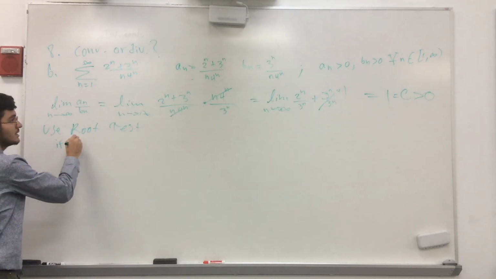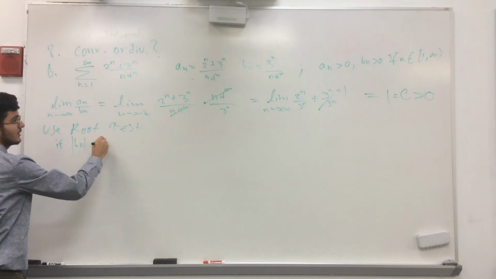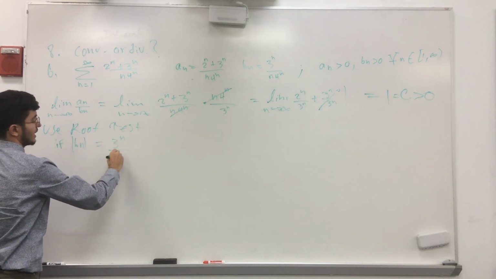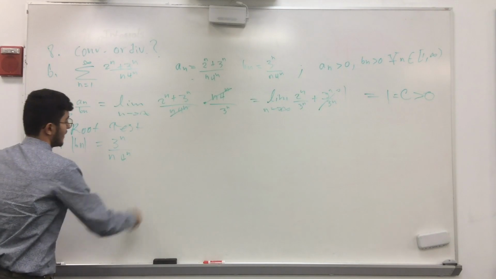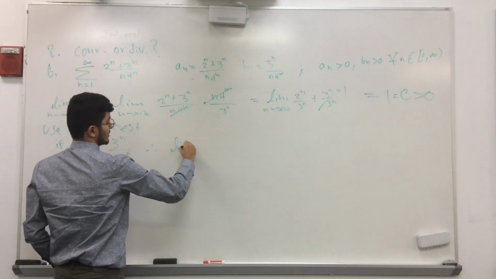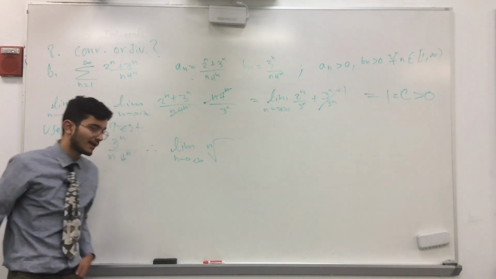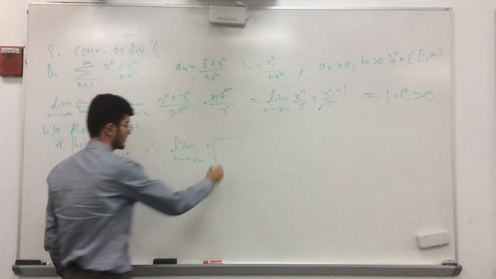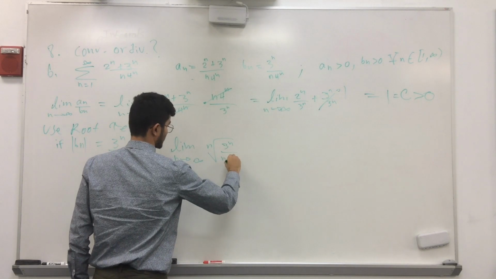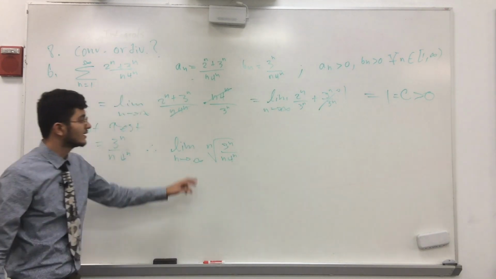So if the absolute value of bn is equal to 3 to the n over n times 4 to the n, then take the limit as n goes to infinity of the nth root of the absolute value of bn, which is nothing but 3 to the n divided by n times 4 to the n. Look at this.